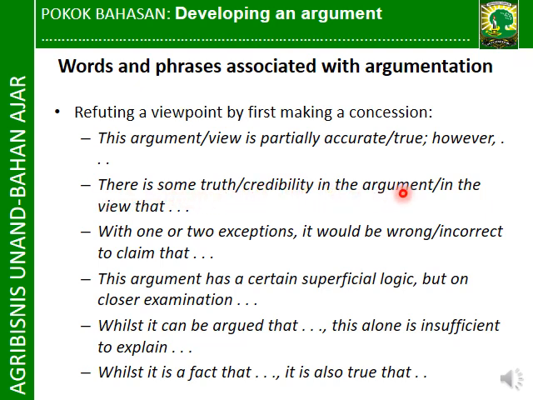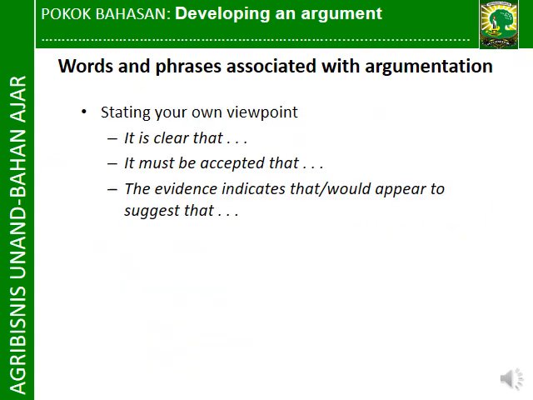We may say it a different way. There is some truth, credibility in the argument. With one or two exceptions, it would be wrong, incorrect to claim that. This argument has a certain superficial logic, and so on. These are all sentences that we might use when we are interacting and comparing and contrasting different viewpoints.